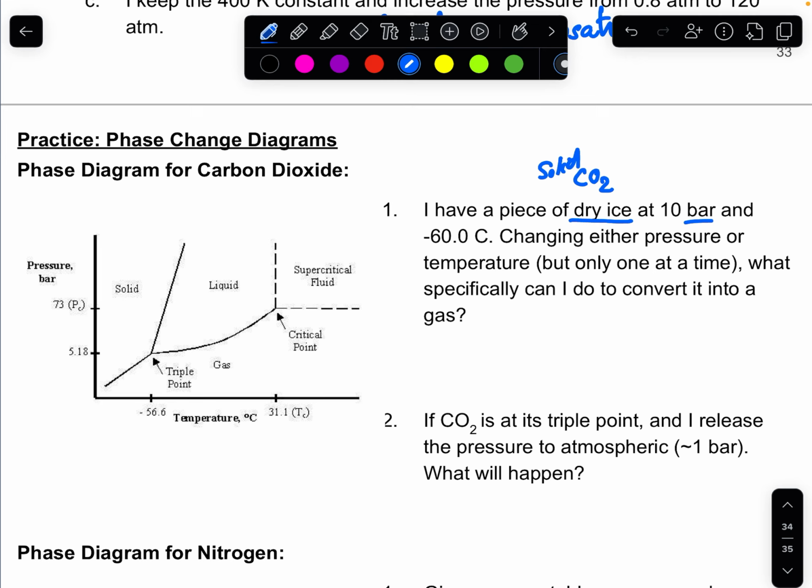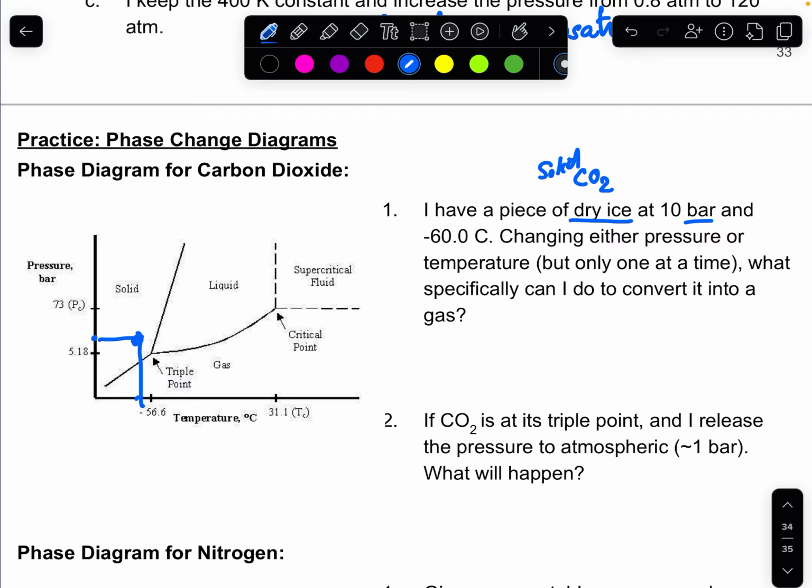Okay, let's see. So I have dry ice at 10 bar pressure. 10 bar is somewhere here, and the temperature is minus 60, which is here. That means this dry ice is somewhere here.